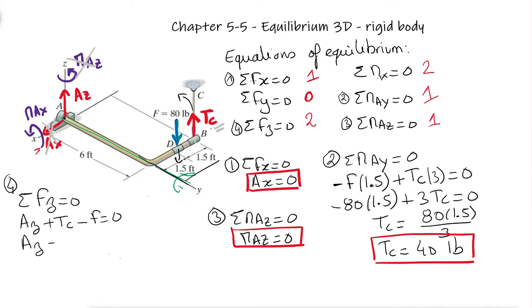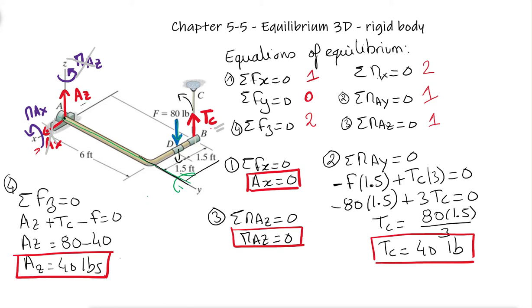So AZ is equal to F minus TC, and TC is 40, so minus 40. So AZ is equal to 40 pounds. So this one is AZ.